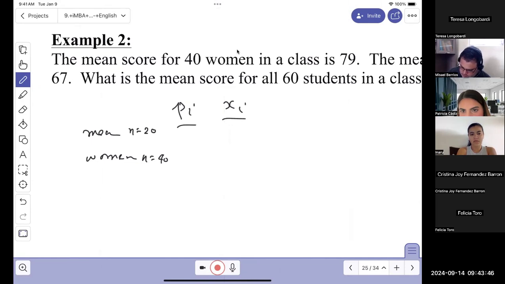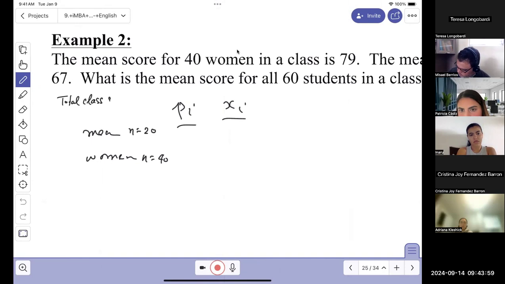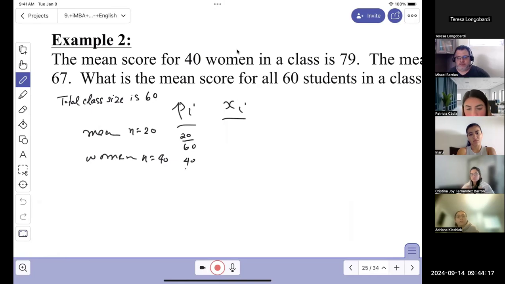So the weight for men is 20 over 60, and the weight for women is 40 over 60, which you can put in decimal form, 2 out of 6, 1/3, I guess it's a fraction.